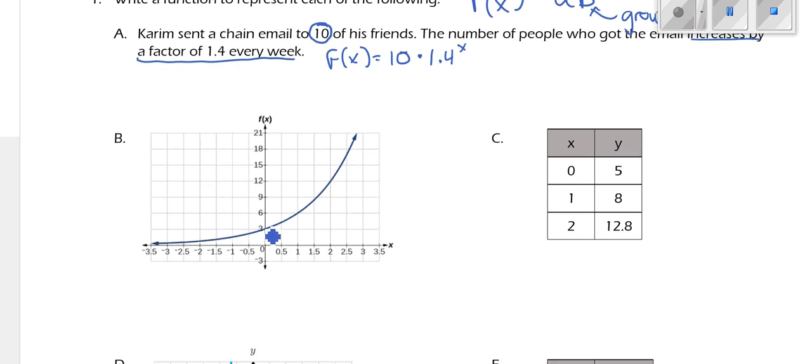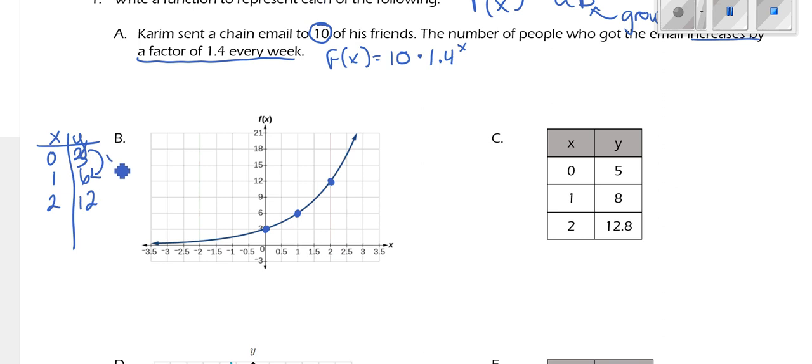B, again, looking for my initial value. So my initial value is 3. And then looking at what my growth rate is, it's going from 3, and then at 1, it's at 6. At 2, it's at 12. So if I put that in table form, so 0, 3, 1, 6, 2, 12.